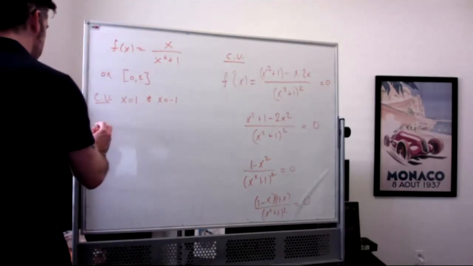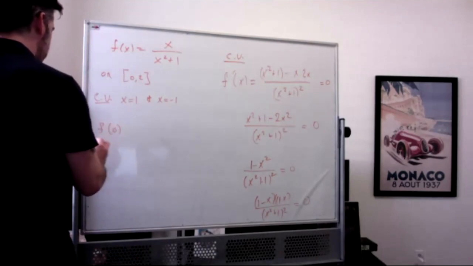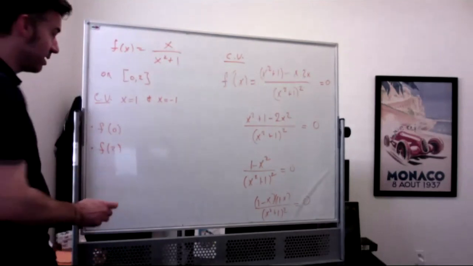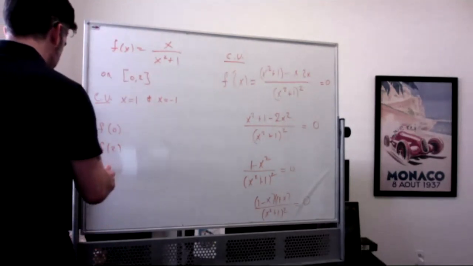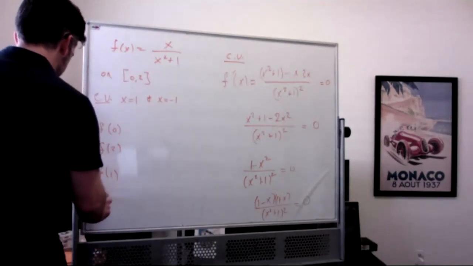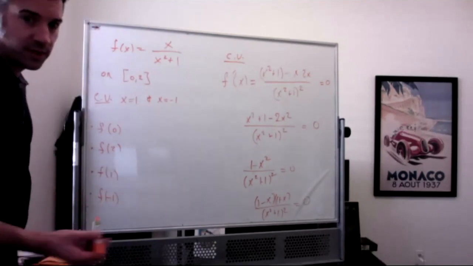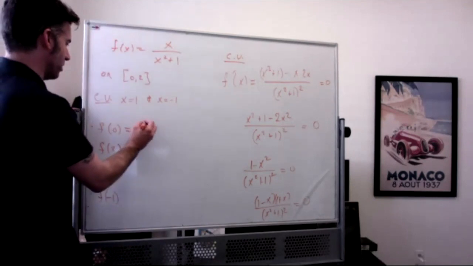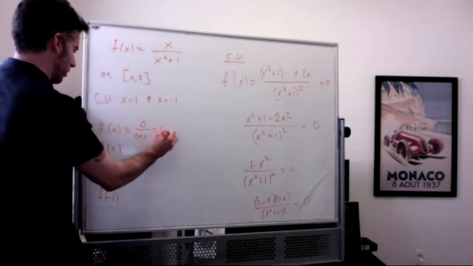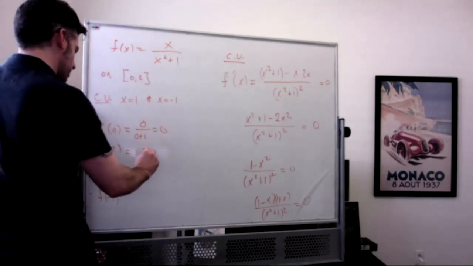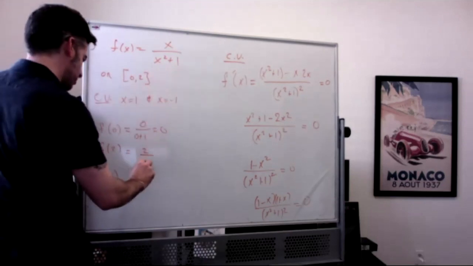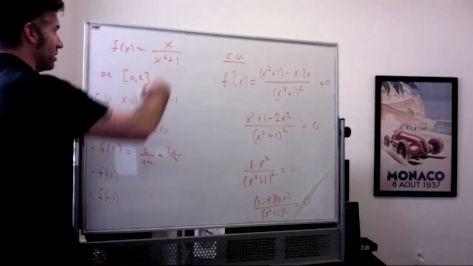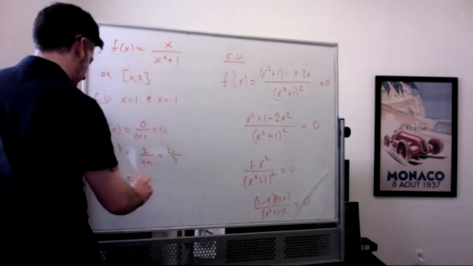So I'm going to look at f of 0 and f of 2. Those are my endpoints. I'm also going to look at f of 1 and f of negative 1. So f of 0 is 0 over 0 plus 1, which is 0. f of 2 is 4 over 4 plus 1, which is 4/5. f of 1 is 2 over 1 plus 1, which is 1.